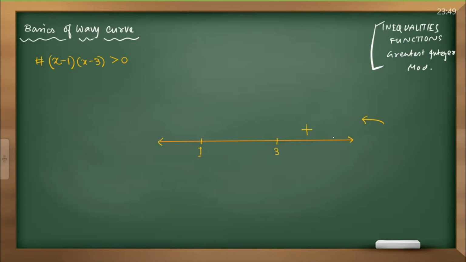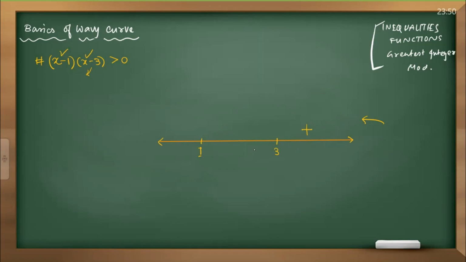Now see, we write a plus. Then there is 3. So this part between 1 and 3 belongs to x minus 3, and the part beyond 1 belongs to x minus 1. This part doesn't belong to anyone, actually.